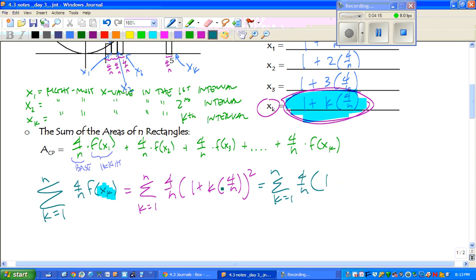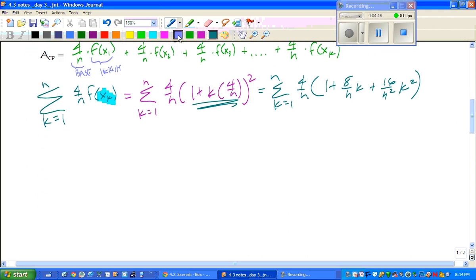Then 4k over n, or 4 over n times k, times 1, and we're going to add another one of those. So we're going to end up with 8 over n times k, plus, if we do 4 over n times k, that times 4 over n times k, we get 16 over n squared, k squared. All right, so all we did was take this and multiply it out using FOIL.